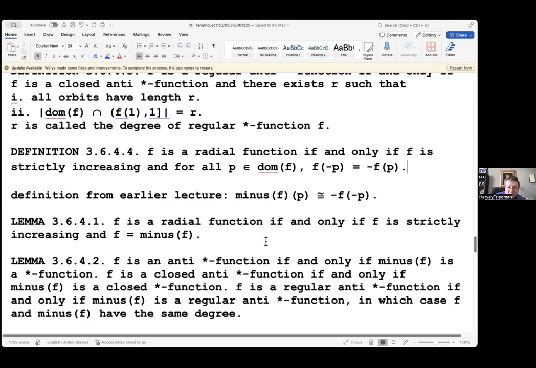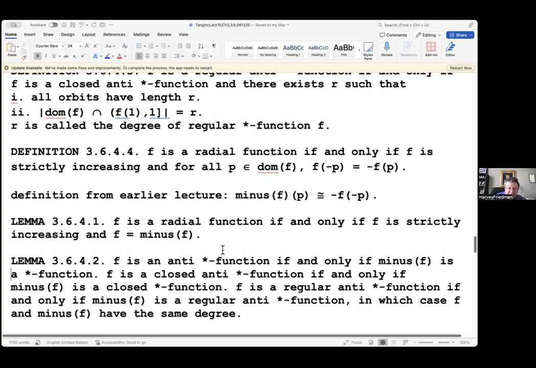Now, from an earlier lecture, we defined the function minus of f as this. Minus of f at p is equal, where defined, to minus f of minus p. And so we get the easy fact that f is a radial function if and only if f is strictly increasing and f equals minus f.